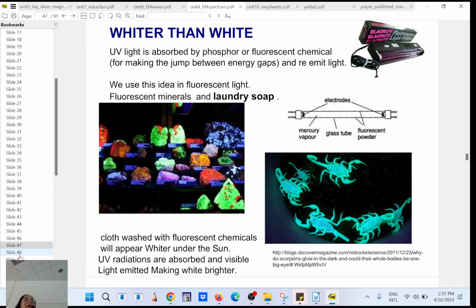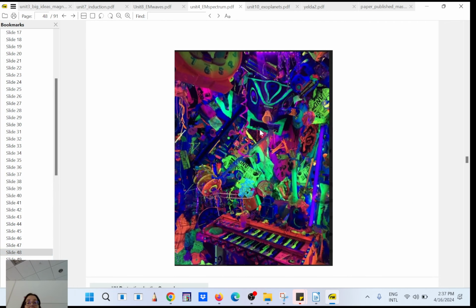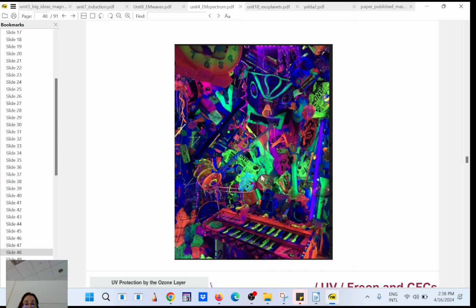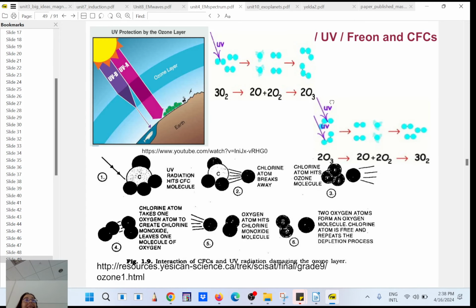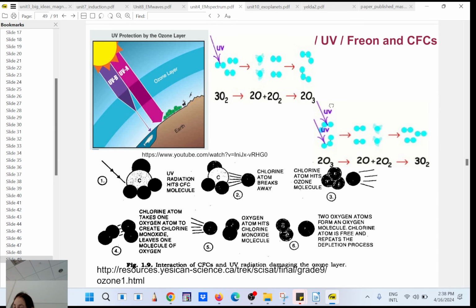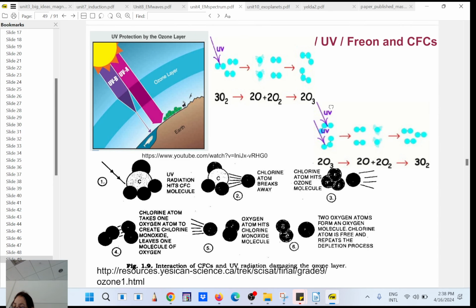Is that clear? You can do that with Crayola. Crayola pens are fluorescent, so if you take a Crayola pen under the sun and then into the dark, it will shine because it absorbs UV and emits visible light. Isn't that interesting?